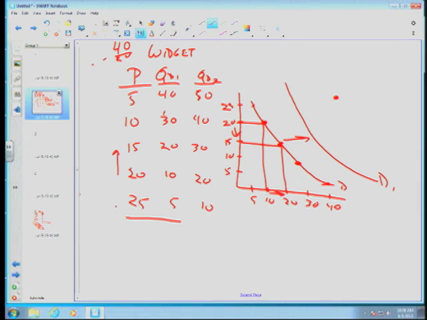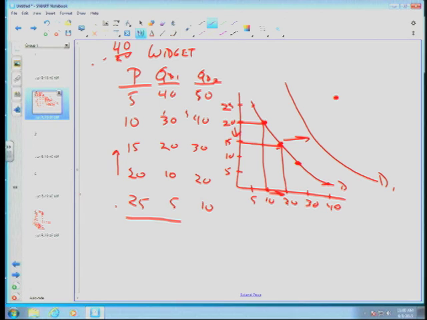When the good's own price changes, we move from one point on the curve to the other. That's a change in quantity demanded. Movement along the curve due to a change in price. However, if something else changes, like population, that causes us to buy more at every possible price, then the entire curve shifts out. That's a change in demand.